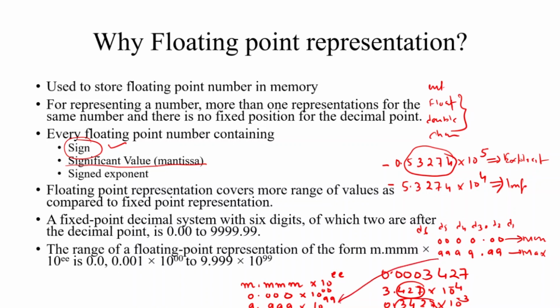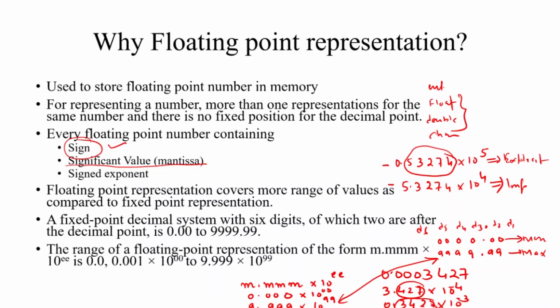When we compare these two values, obviously the maximum values represented by a floating point representation are larger. That's why, because of this advantage, we use floating point representation, because more values are represented by using floating point representation instead of fixed point notation.